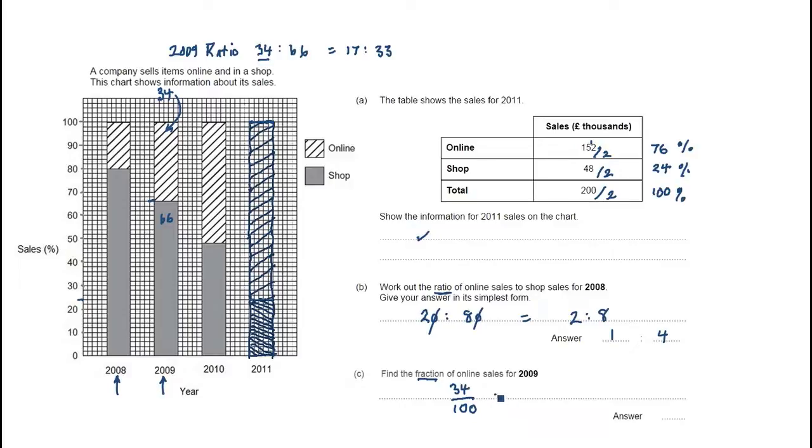Okay, and again we can halve this, so that would be 17 again to 50, and because that can't be simplified, there's no common factor of 17 and 50, our answer is going to be 17/50.